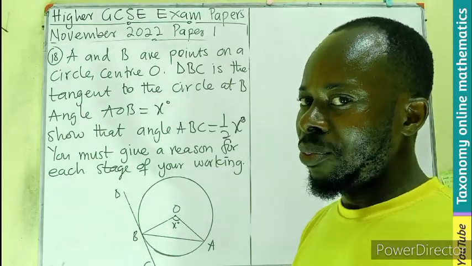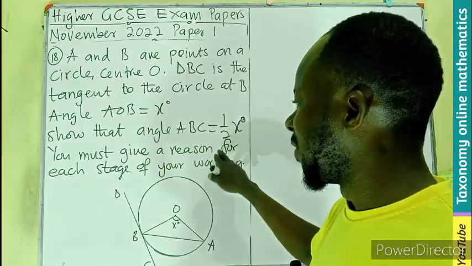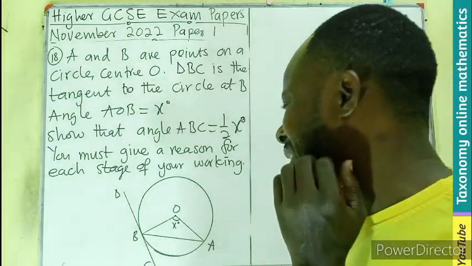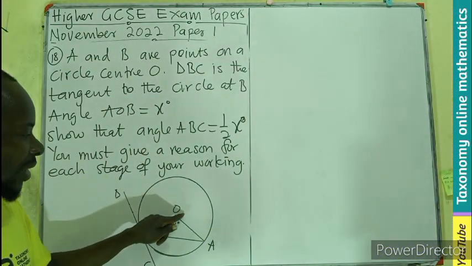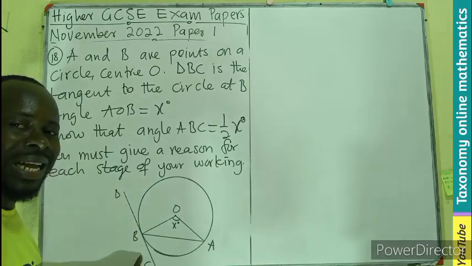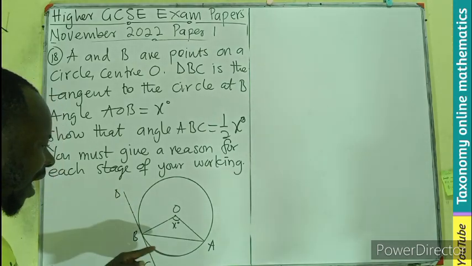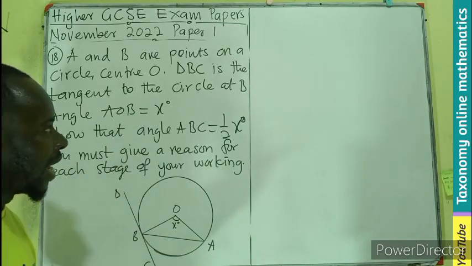So we need to bring out all the properties we know. Then you must give a reason for each stage of your working. So let's begin with the first one. Already we know that a line drawn from the center towards a tangent gives us 90 degrees. So we can begin with that since the angle ABC is in that angle.